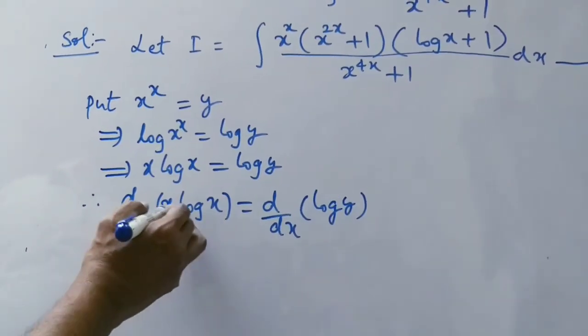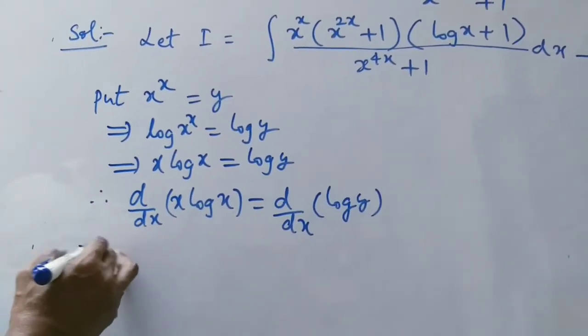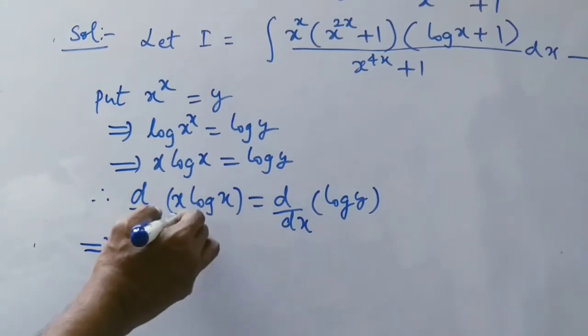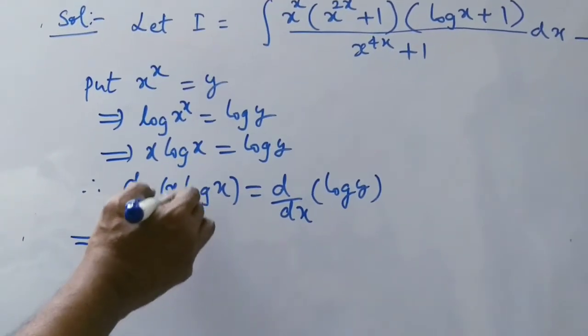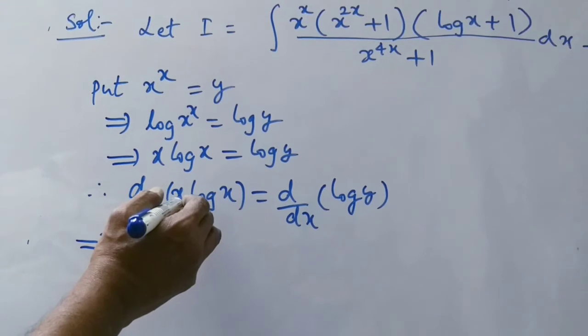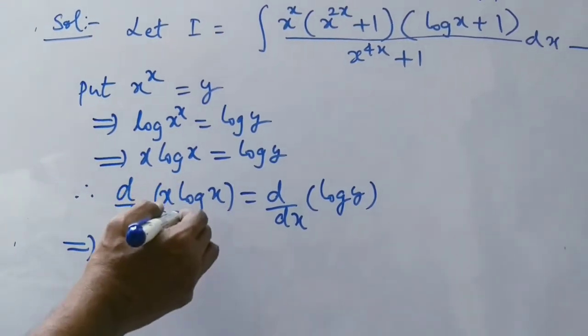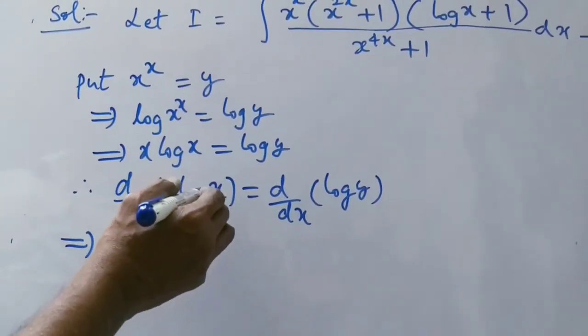So it implies the u into v rule, product rule: u into dv by dx plus v into du by dx.